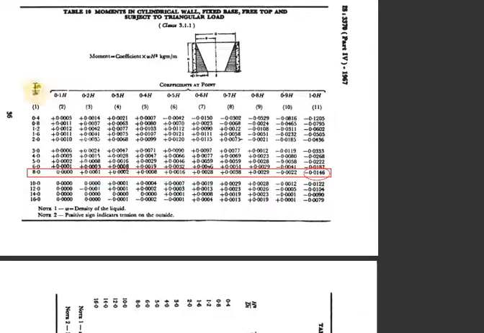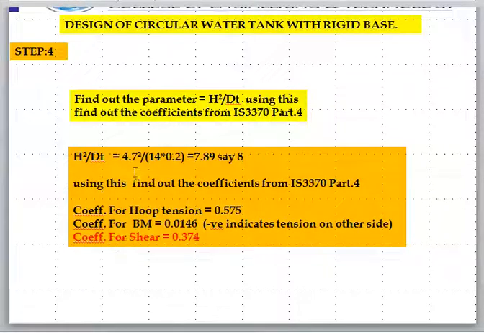This h square by dt is what we need actually, because with the h square by dt only we can find out the coefficients. So for that you need to find out h square by dt.